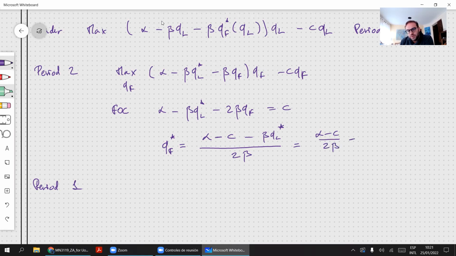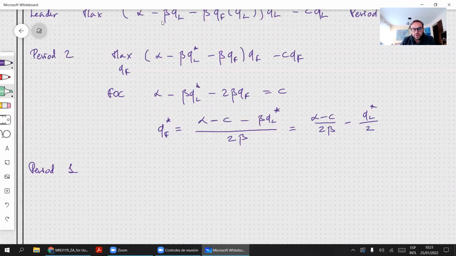I'm not really sure if this is going to make things simpler or not. Let's see what happens. No, again, strategic substitutes in this case, which means that if the leader produces more, the follower is going to produce less. So we have strategic substitutes, and then we can solve for the leader.